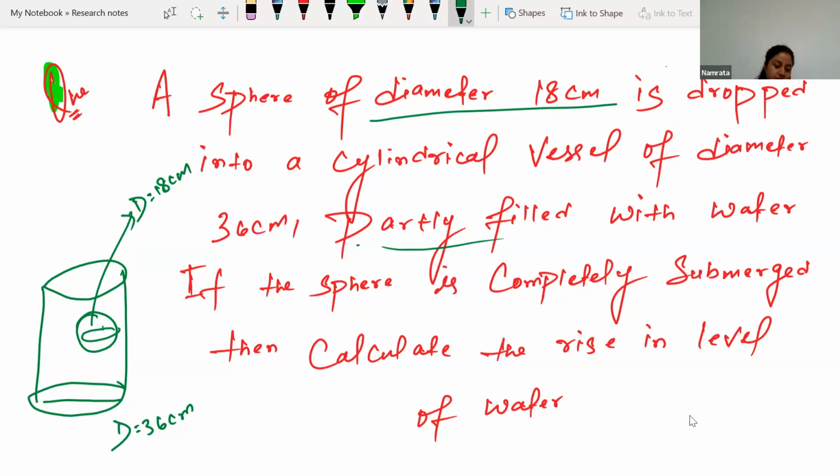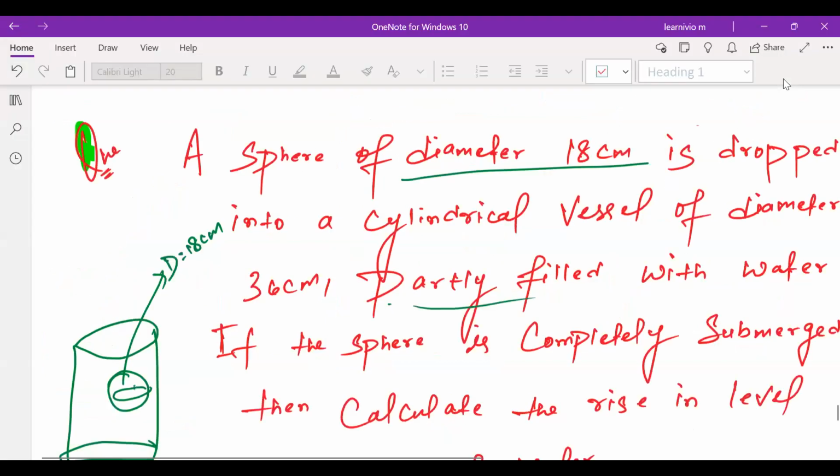Anyone from here? Volume increase is equal to the volume of the sphere. If the water inside is increasing, the water increased is equal to the volume of the sphere.